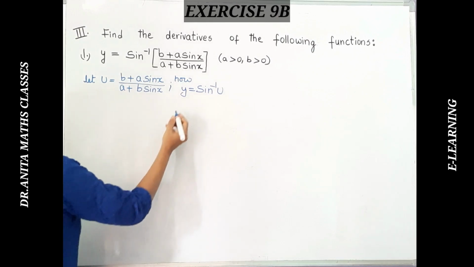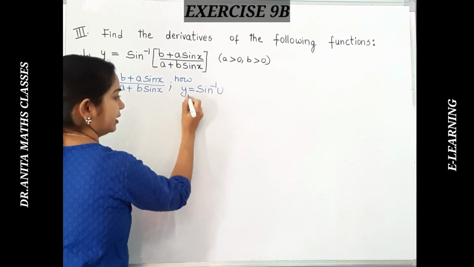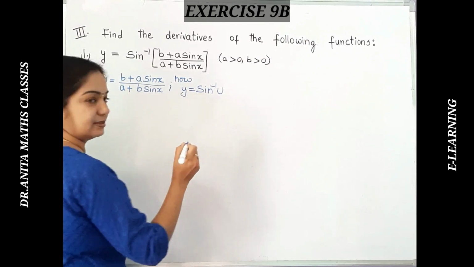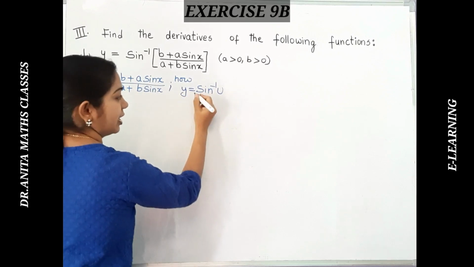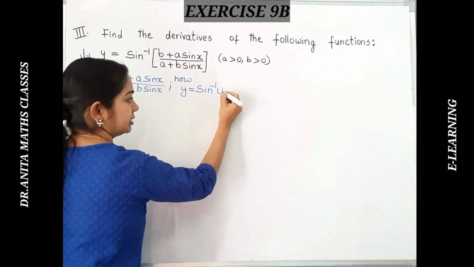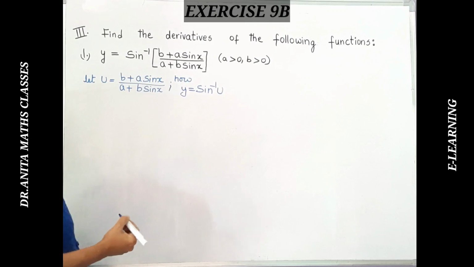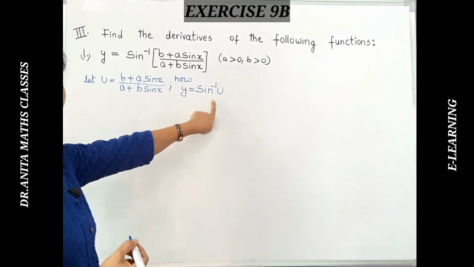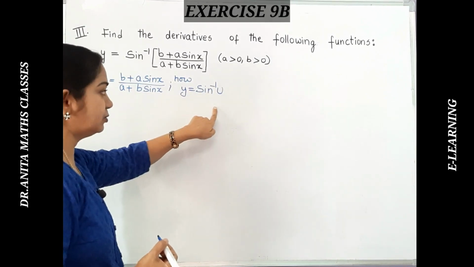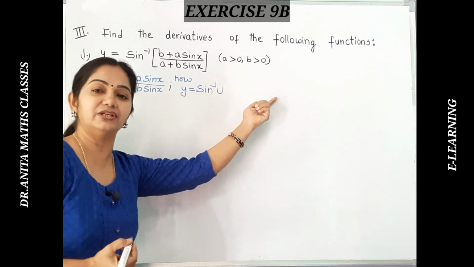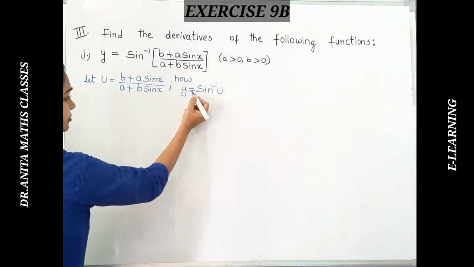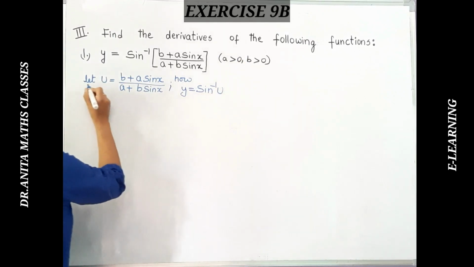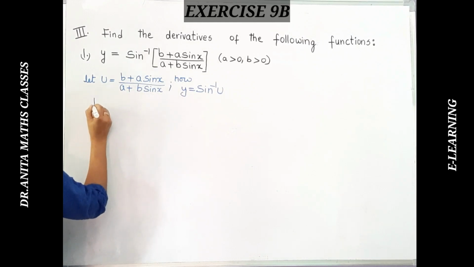Now we all know that for the derivative dy by dx, with respect to x, the function is u, isn't it? So you have to go for dy by du, again with the chain rule. Let us keep this as it is. Now we will proceed to du by dx.